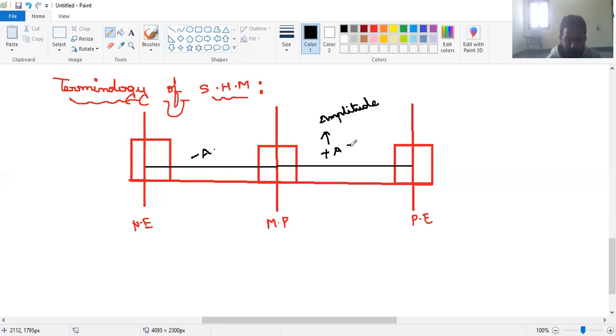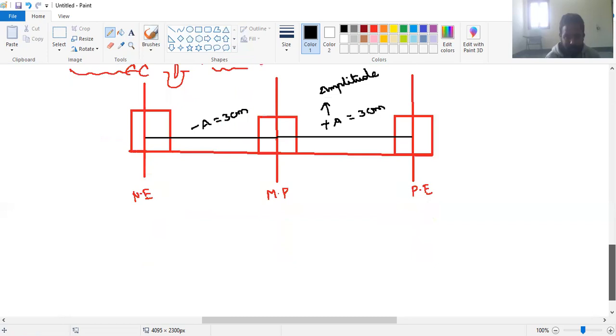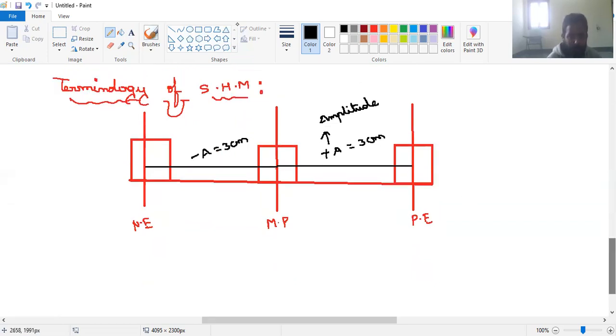If the amplitude is 3 centimeter, then this one is also 3 centimeter. But why am I taking minus? Because in order to indicate the direction. So let me go with the terminology of SHM.